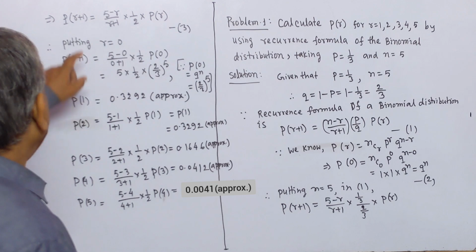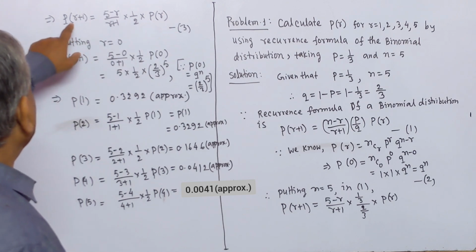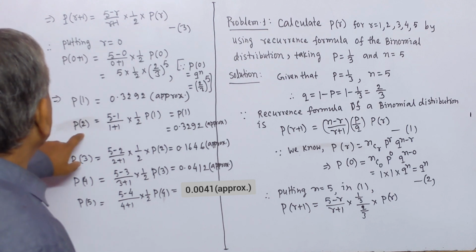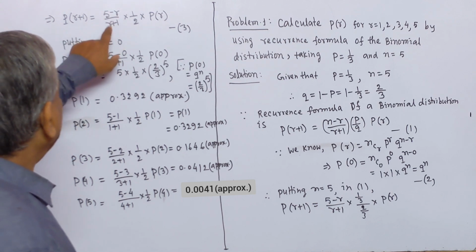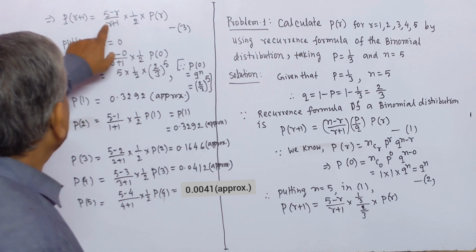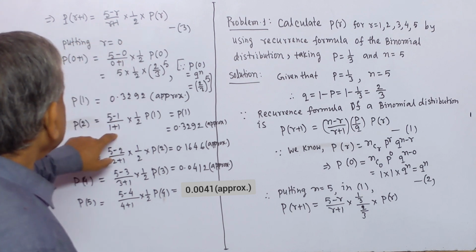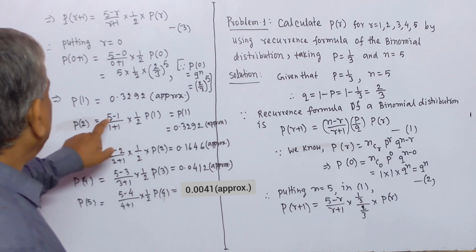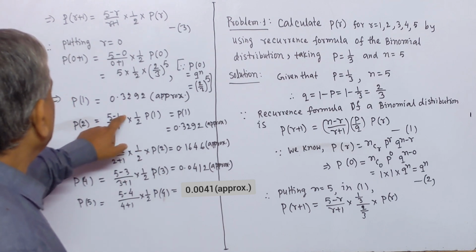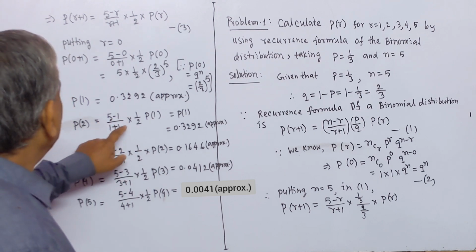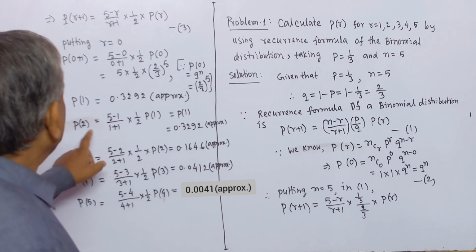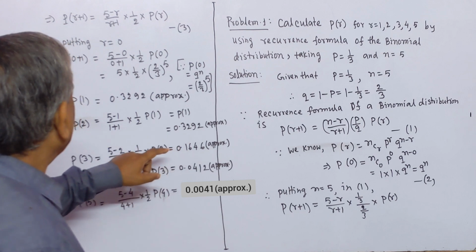Now putting r equal to 1, here P(1 plus 1), that is P2, equal to (5 minus 1) by (1 plus 1), multiply half, P1. Here 5 minus 1 is 4, here 2 multiply to 4, cancel, that is P1.